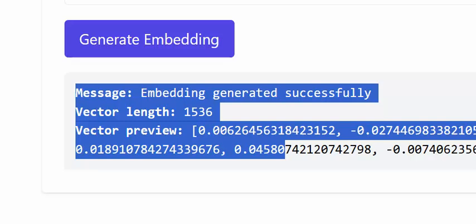And comparing the vectors gives us meaning search. Semantic search is equal to meaning search.